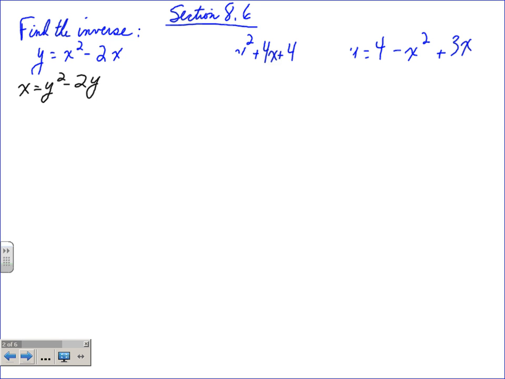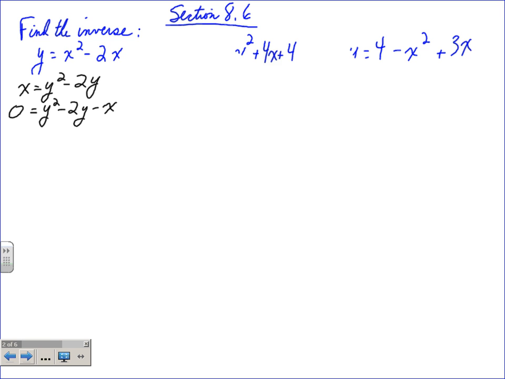So what can we do? Well, I'm going to set the equation equal to 0 by subtracting the x from each side. That's the first thing we do. And what does y equal? Well, it doesn't factor. So what do I have to do? Complete the square, but it's a lot easier to use quadratic formula.